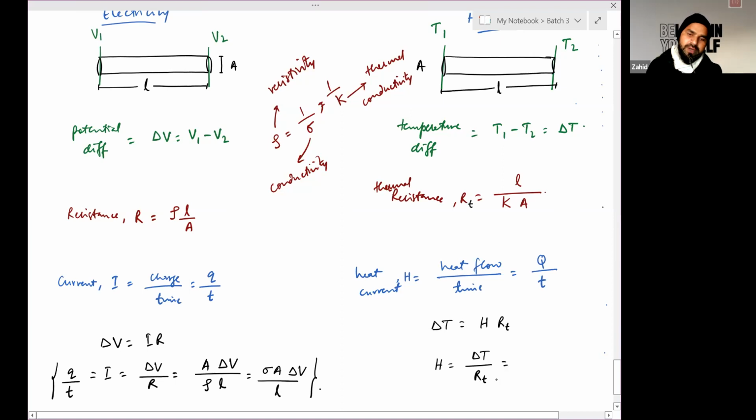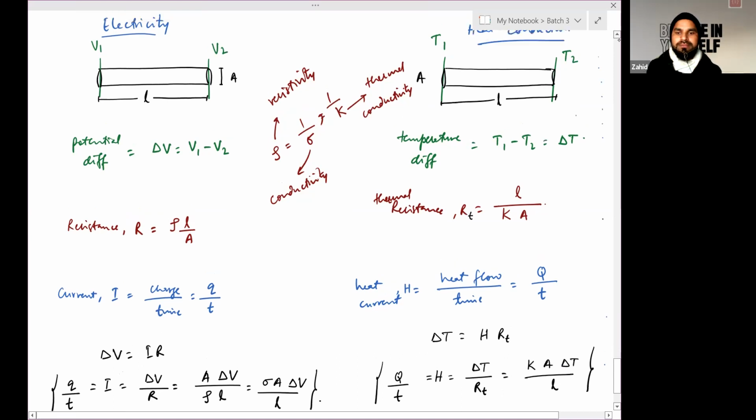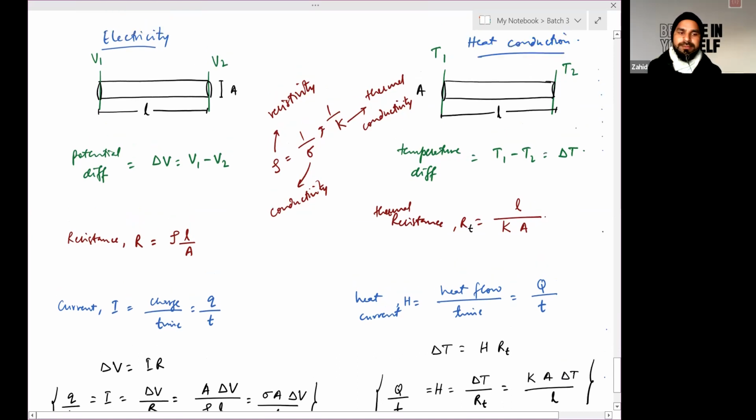If you put the value of R as above what we have calculated, it will become K A delta T divided by L, or this will be equal to Q by T. So there is an equivalent relation between electricity and heat conduction. Nida, is it clear?